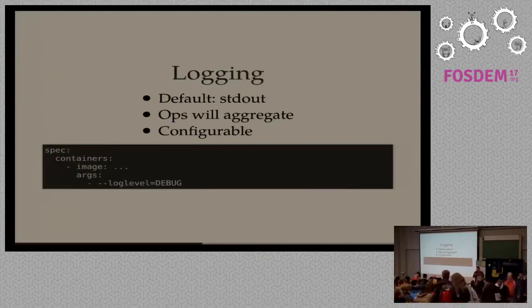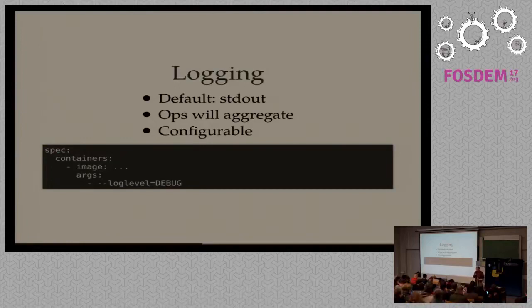But even though it's just standard out, you want to make sure that it is configurable, depending on how your operations manages things. If they want to send all the logs to something like the ELK stack, Elasticsearch, Logstash, and Kibana, so they can index and search them, all that gets built on top.